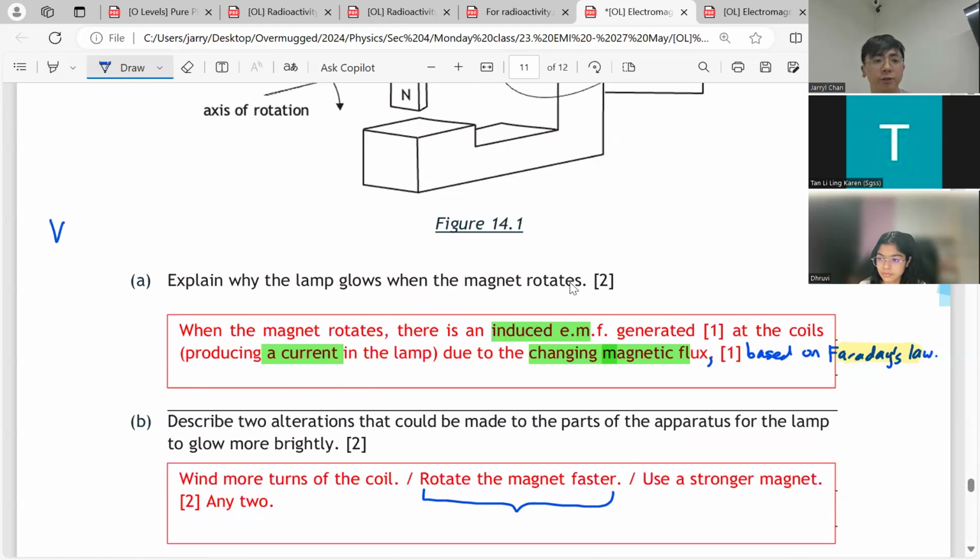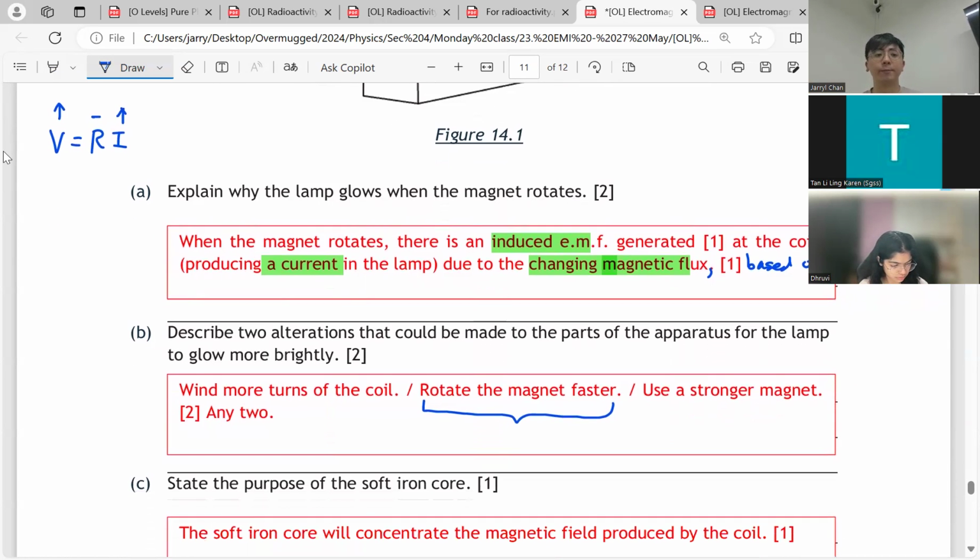If I link it back to V equals IR, when I use a higher EMF battery, what happens if my resistance doesn't change? My length is still my length. The current that I'm going to send through will actually increase. So don't confuse this concept. A bit different from transformers.